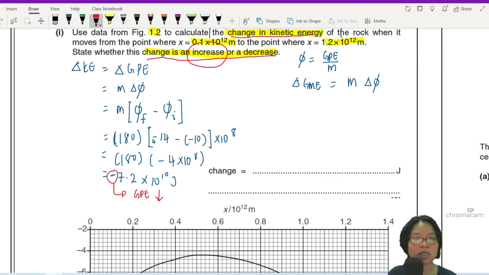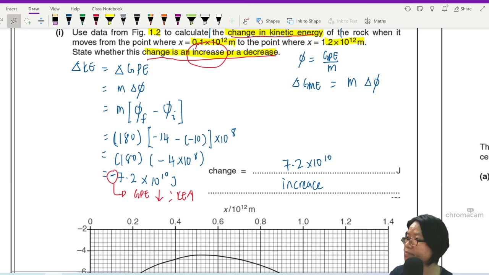KE will increase. GPE decrease, KE increases. So the change here will be 7.2 times 10 to the power of 10 joule, and it is an increase. Okay? It will be increase because of this.